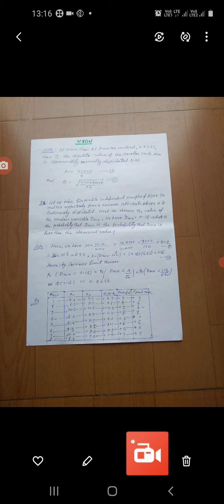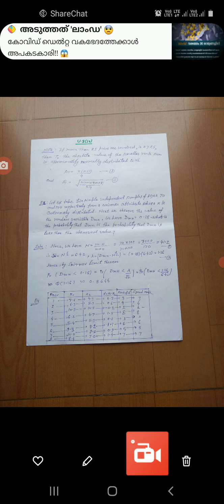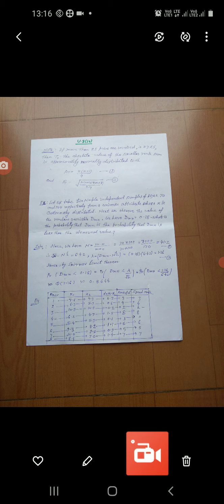Here we have to check what is the probability that Dmn is less than the observed value. The solution is very simple.